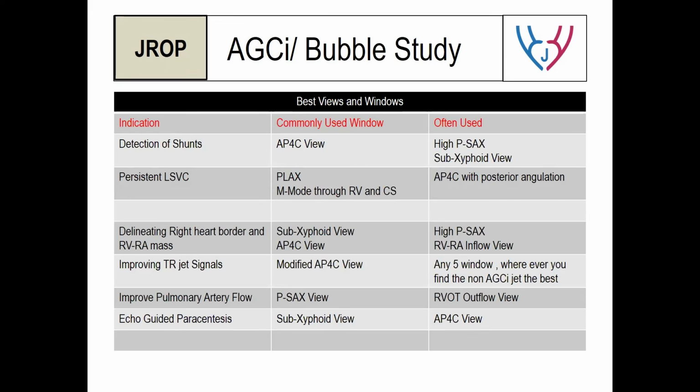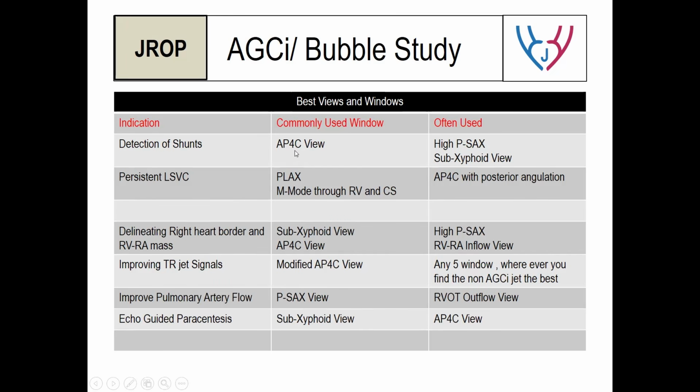Now, what are the various views and what are the conditions where we do it? We divide them into two parts, which I'm going to say in a few minutes. Detection of shunts, which could be of many types, and second is looking at the RV side. Multiple windows are used in these.